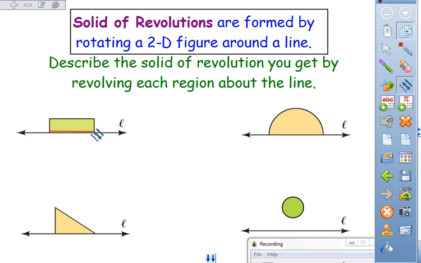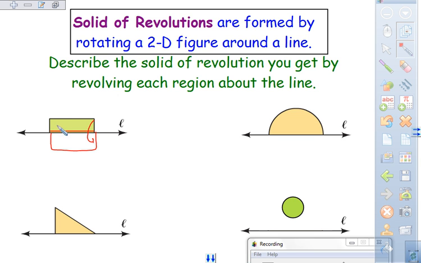This red piece has to stay on line L, and then it's going to spin in a circular motion around that. So if I spun it 90 degrees, it would be coming out at us. If I spun 180, it would be down here like that. Then if I just add some dimension to that, this would form a cylinder.